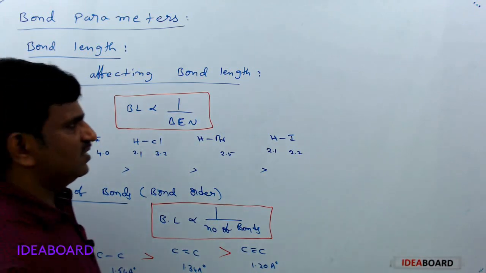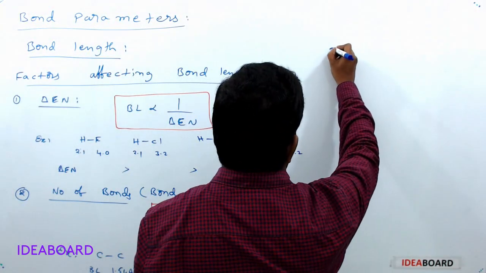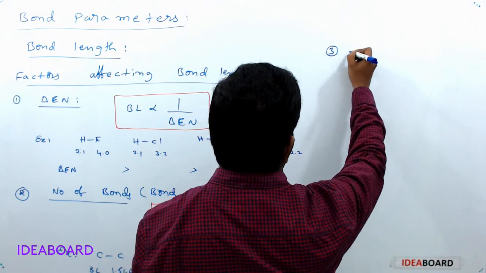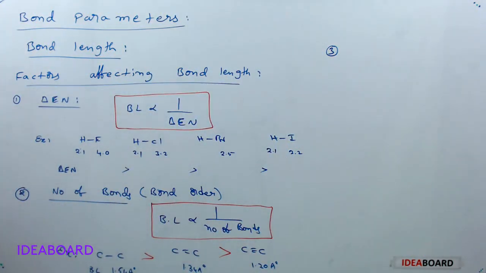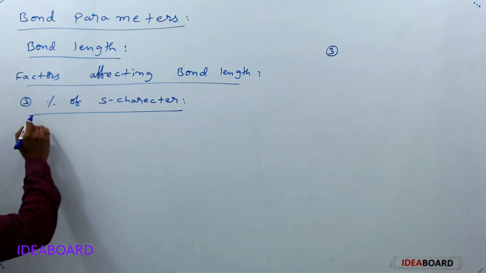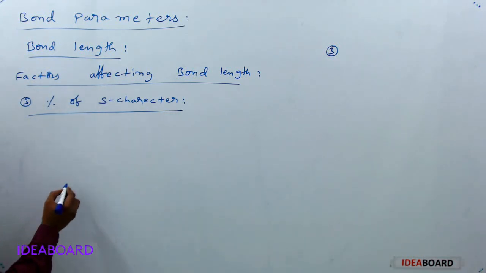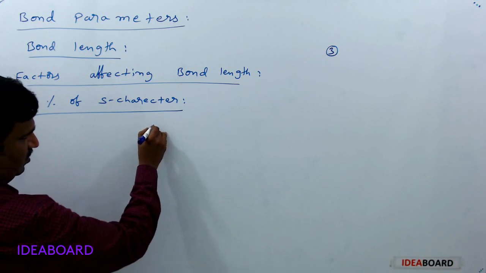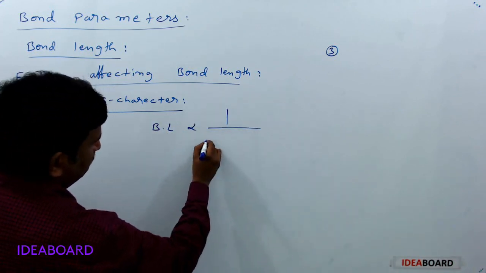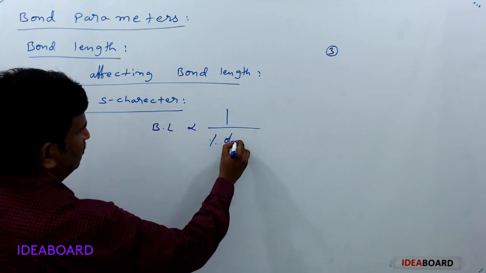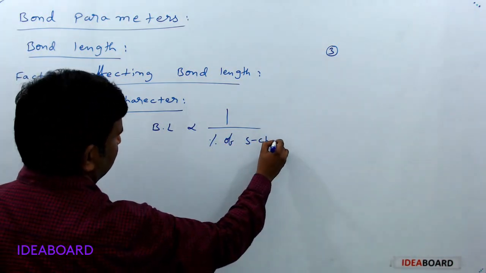And the third point is the percentage of s character. Bond length is inversely proportional to the percentage of s character.